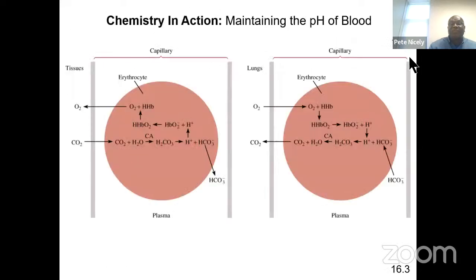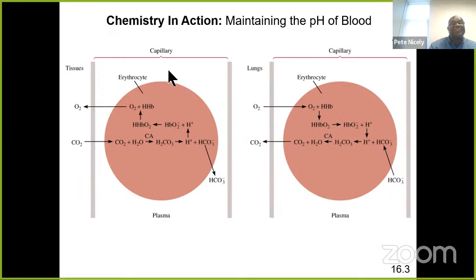What is being demonstrated here is the red blood cell, also known as the erythrocyte. And you should know from your biology courses the role of the red blood cell.